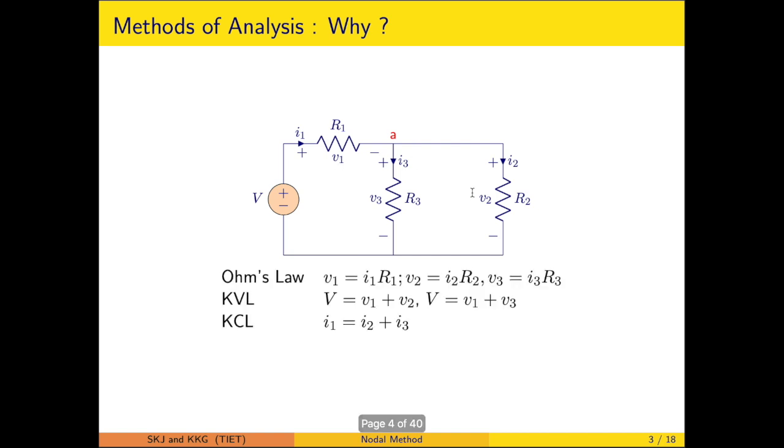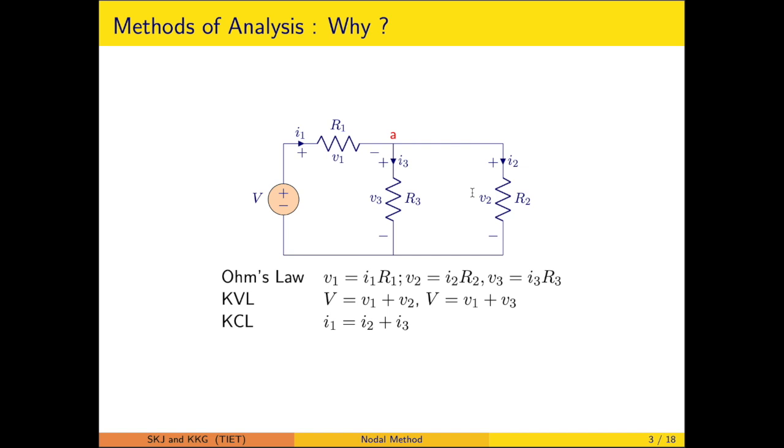So ultimately we have six such relationships for a three element problem: six unknowns I1, I2, I3, V1, V2, V3, and six relations. So the number of unknown variables, and equations to be solved, comes out to be twice the number of circuit elements.